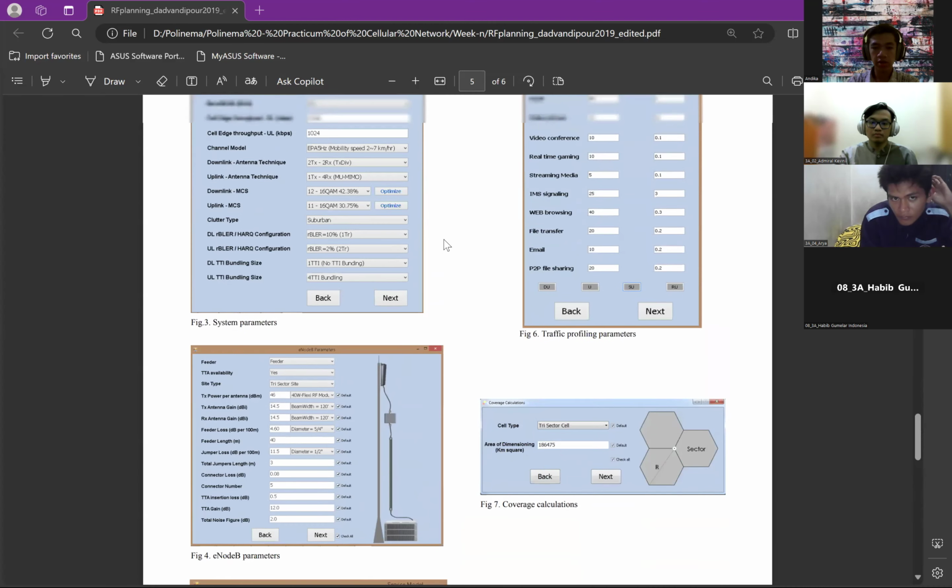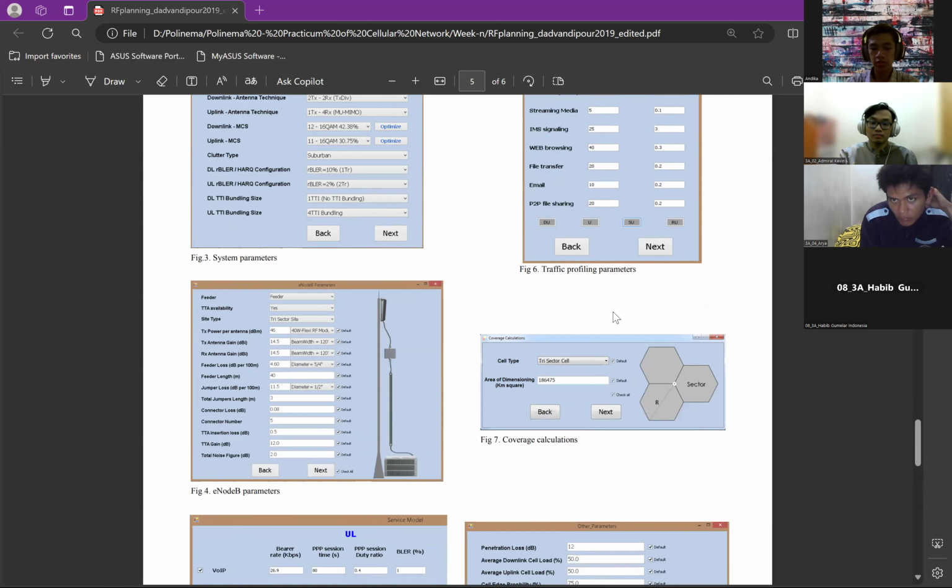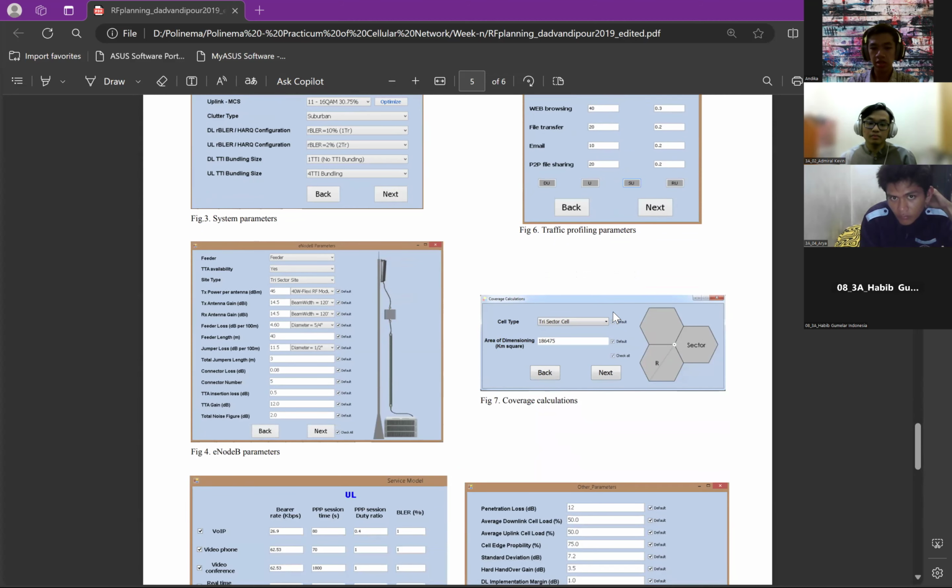On the next figure, figure 6, it is the quality of each service, mentioned in percentage values. On figure 7, it is the coverage calculation.